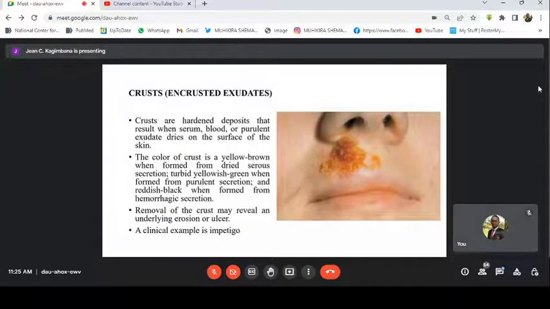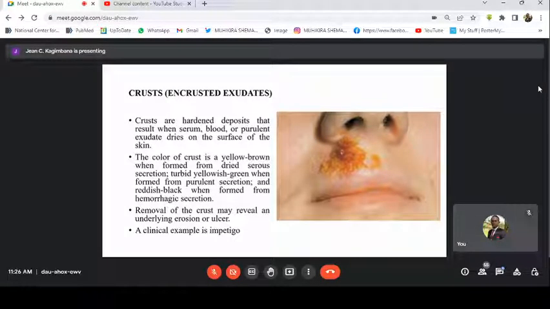Now, crusted lesions. In some regions, initially, when you have secretions, like vesicles, they contain fluids, you scratch, the fluids dry, then you have crust. In this process of drying, they crust, you say, crusted regions.